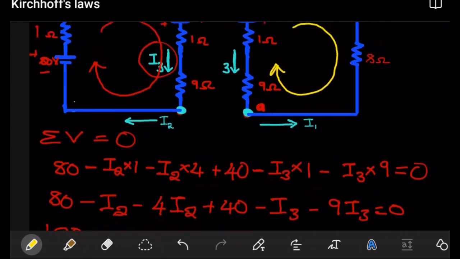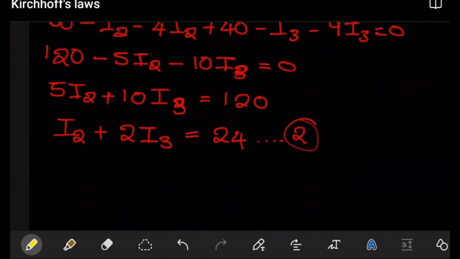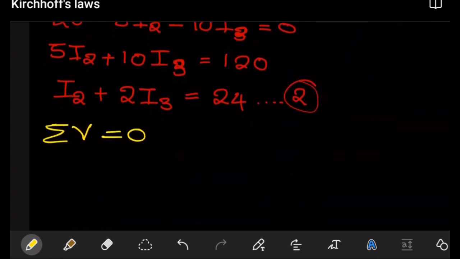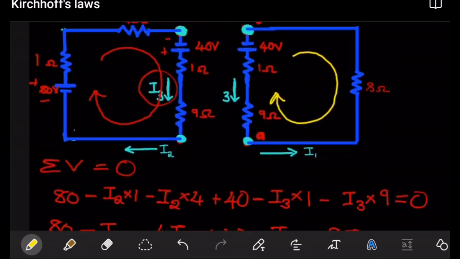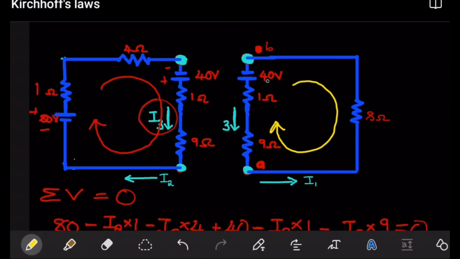Okay, so let's see how we approach it. Again, this is the second law. We're looking at the sum of the voltage changes, and it has to be equal to 0. For the first part, we're going to start from the power source, the 40 volts. Notice that because of our loop, we're moving from positive to negative.